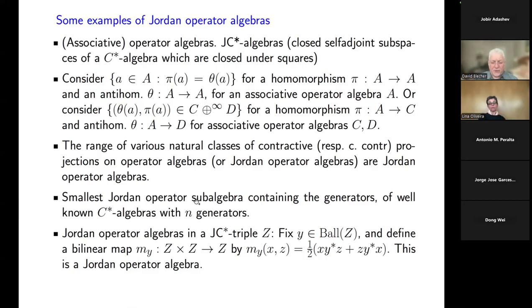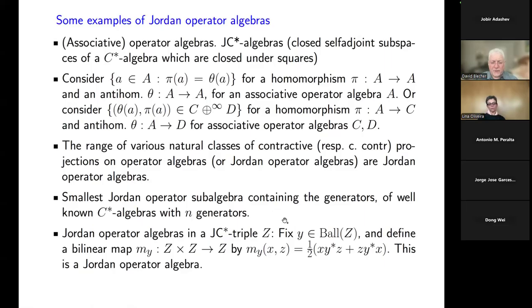Another example: in the self-adjoint theory, a very important trick is to take the generators of a well-known C-star algebra and then consider the operator system or the Jordan algebra containing those generators. That's a very powerful trick in C-star algebra theory.